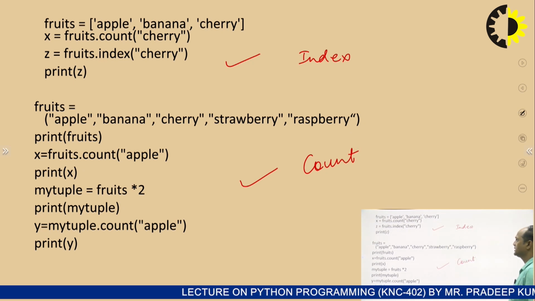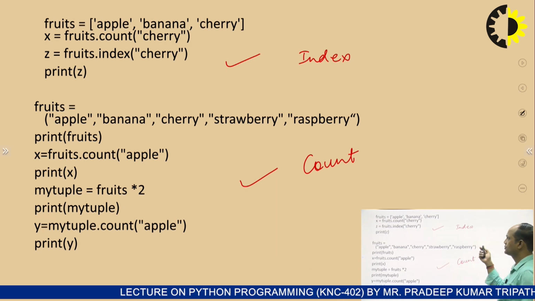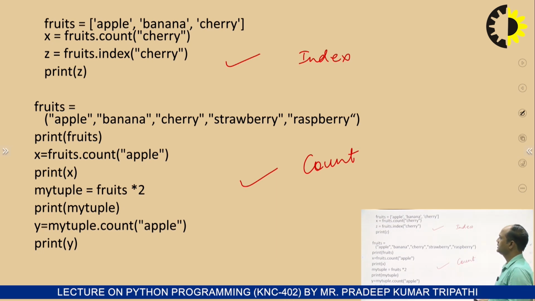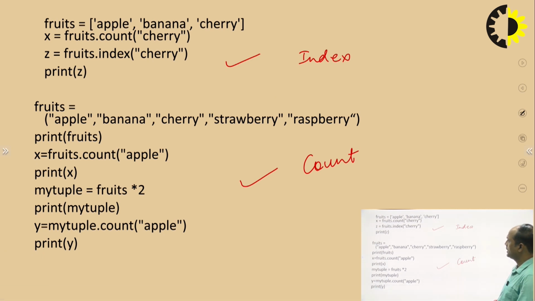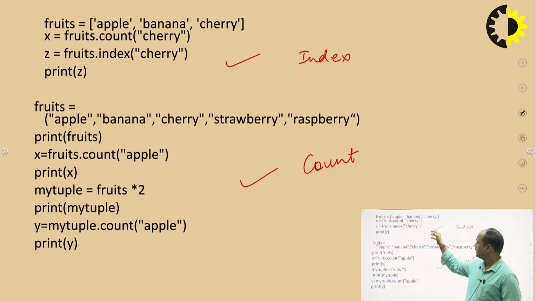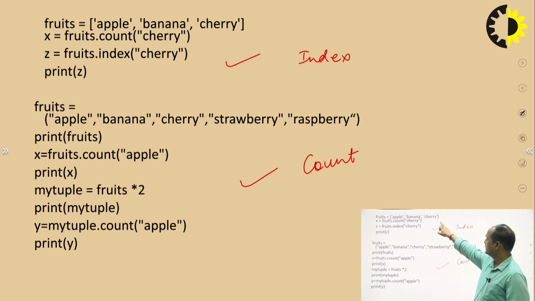In this example we have fruits with three data items: apple, banana and cherry. x is equal to fruits dot count cherry, print x, and z is equal to fruits dot index cherry, print z. What is the output of x?